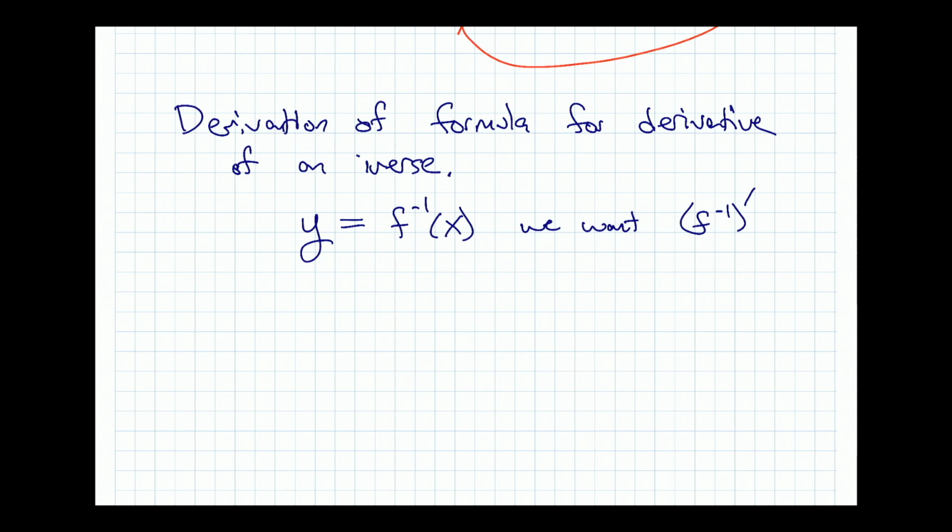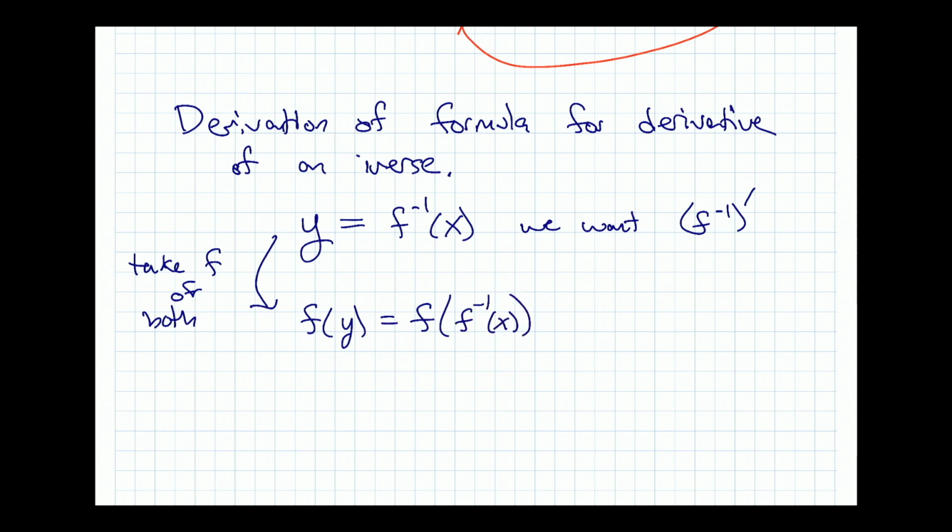So for your first step, you apply the function f to both sides. So f of y equals f of f inverse of x. Okay.